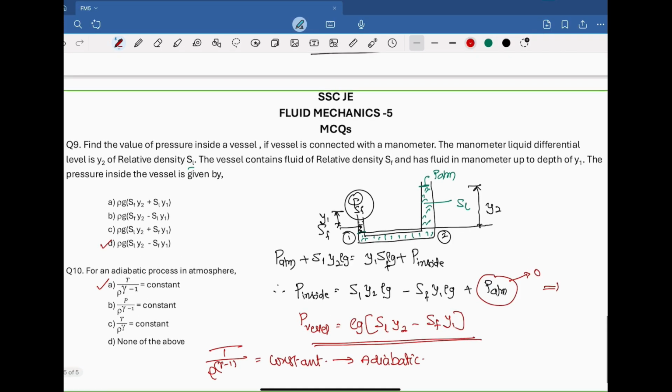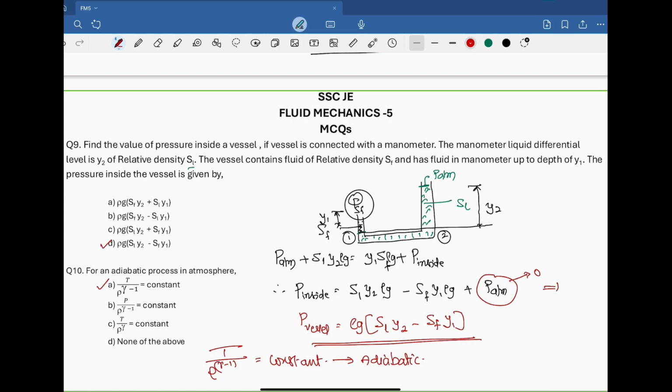See my lectures repeatedly. See all my lectures, 6 lectures, 2 MCQs and 4 fluid mechanics main course lectures on properties and definitions. You will get the clarity on how to answer the questions in SSC JE, RRB JE or ESE or GATE examination or UPSC examination. Best of luck to everybody.